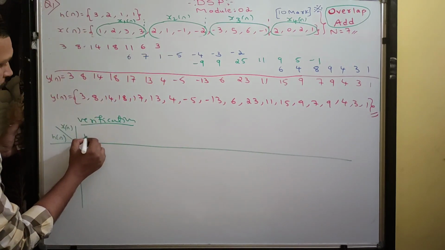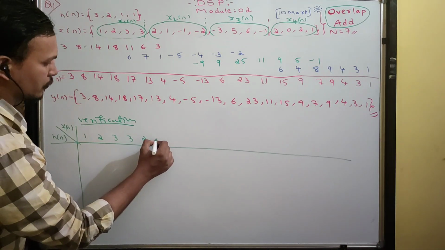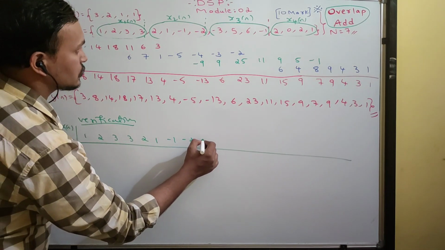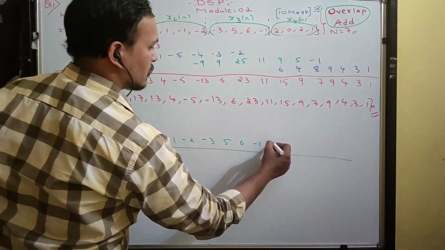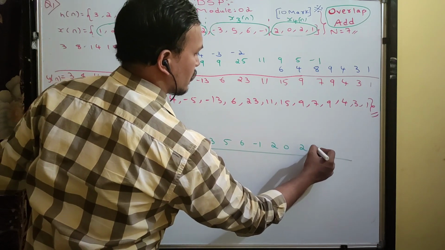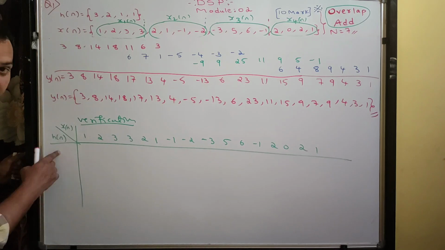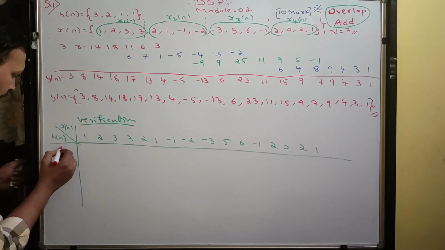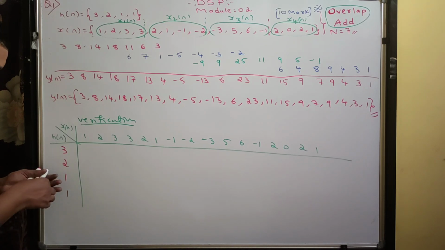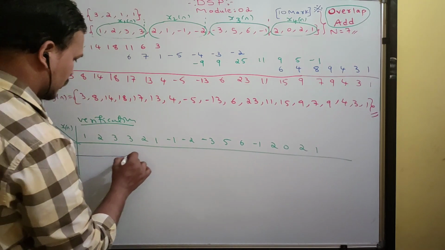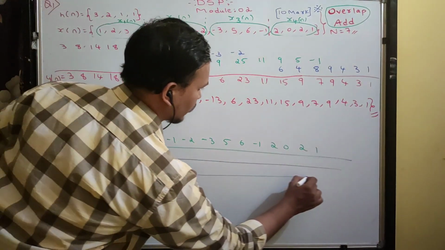You write it: 1, 2, 3, 3, 2, 1, minus 1, minus 2, minus 3, 5, 6, minus 1, 2, 0, 2, 1. Then h of n, you write this side. What is h of n? 3, 2, 1, 1. Now draw horizontal lines.